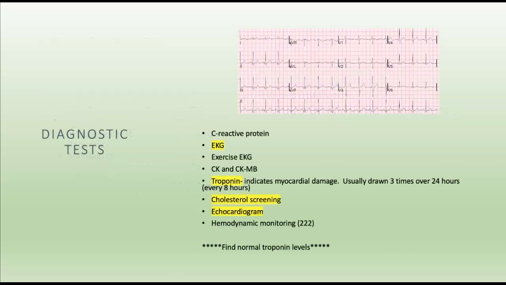The diagnostic tests that you guys want to be aware of, and there's a number of them that the book notes. The big ones for 222 are going to be the EKG, identifying if the patient is having an ST elevated MI. The troponin. Is the troponin positive? Now, you can have patients who have positive troponins for other reasons. That might be rhabdomyolysis.